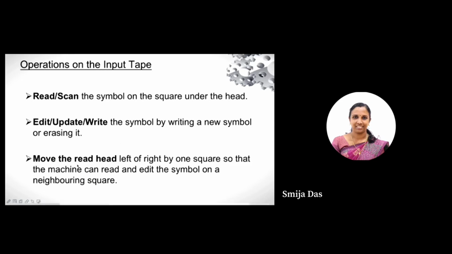The third one is the movement of the read-write head. It can be either towards left or right or remain stationary. Left or right by one square so that the machine can read and edit the symbol on a neighboring square.